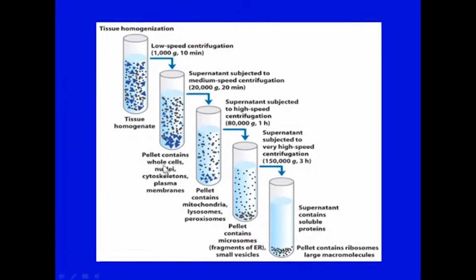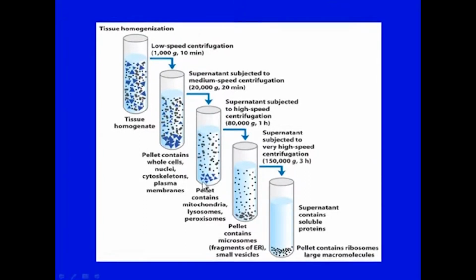Now, the pellet and supernatant are separated, and the supernatant is taken in a fresh tube and centrifugation is performed again. At this time you go for higher centrifugation, like here it is 20,000 G for 20 minutes, or you can go in smaller steps, like start with 10,000 G or so, but this is just to understand the whole concept.